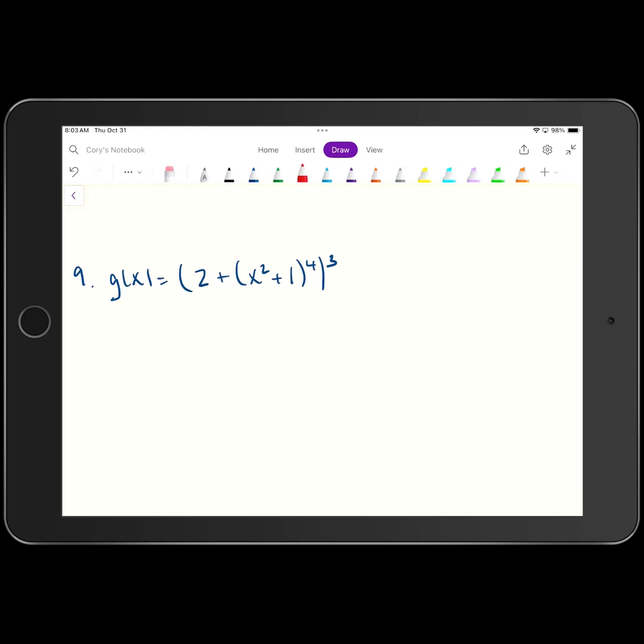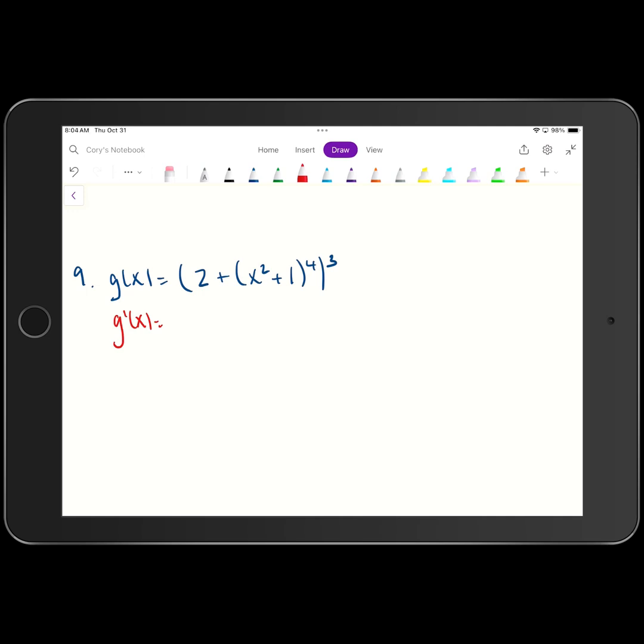So problem number 9 is a little bit different because when we look here, we have multiple compositions in our function. Okay, so if we want to differentiate this, we want to think of peeling away one layer at a time.